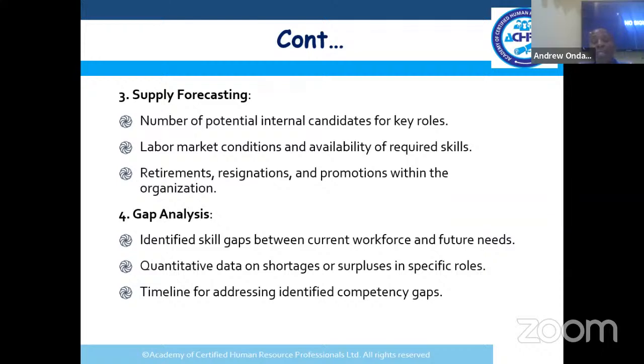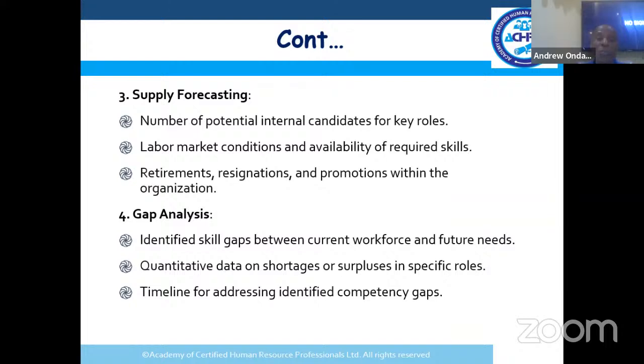So you declare them redundant, and if they have nowhere to fit, either through secondment or through redeployment, you are likely to declare people redundant and therefore retrench them, retrenchment.